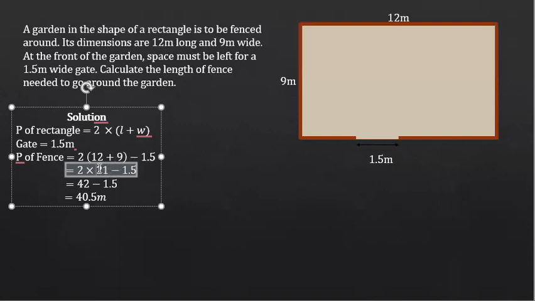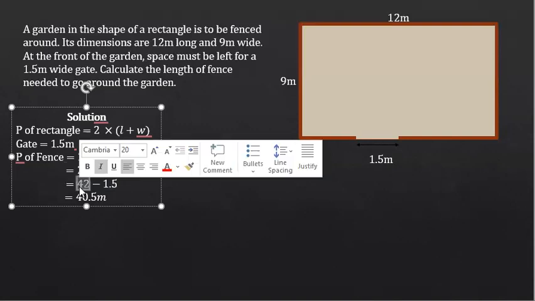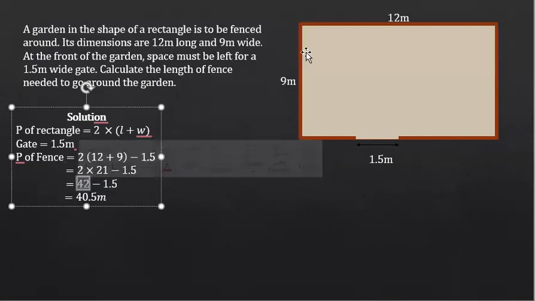When we have our product of 2 multiplied by 21, which is 42, then and only then can we subtract 1.5 from 42. This 42 represents the total perimeter of the garden without taking into account the width of the gate. It is not the length of the fence.